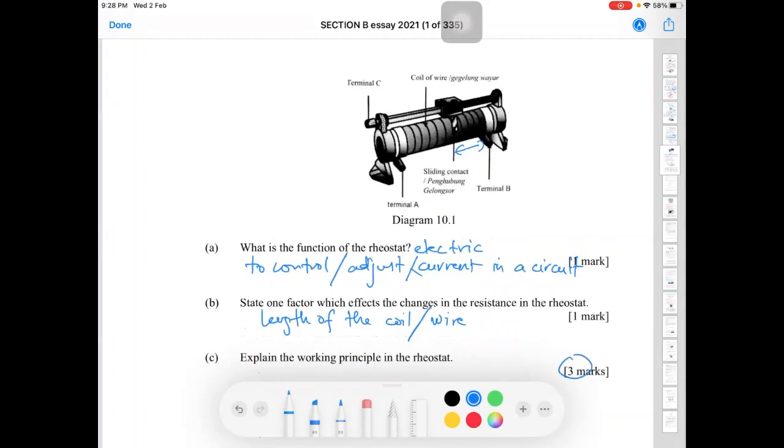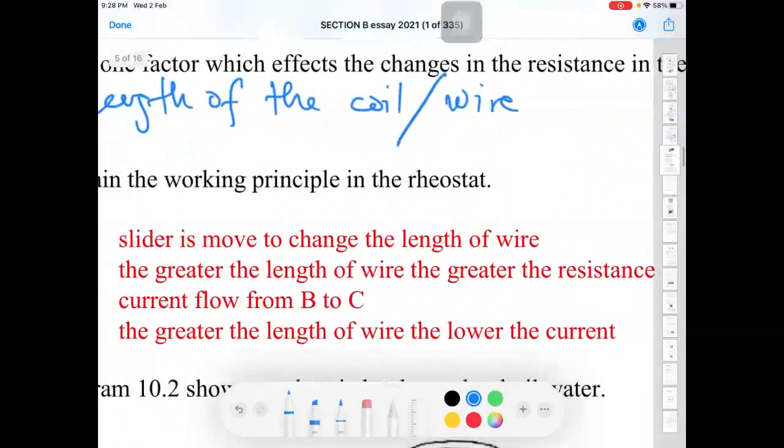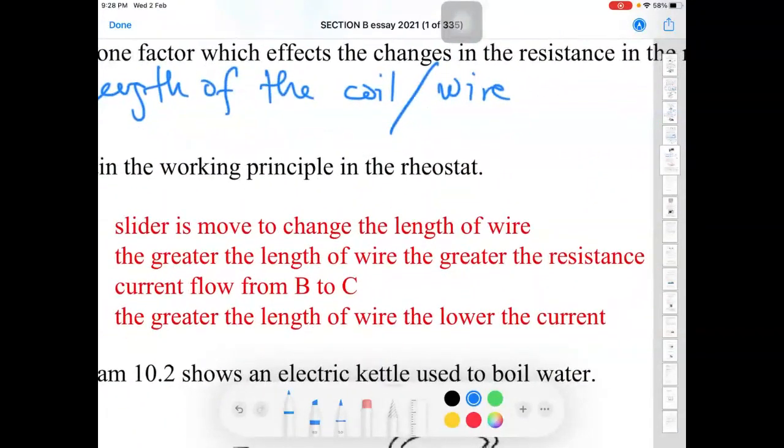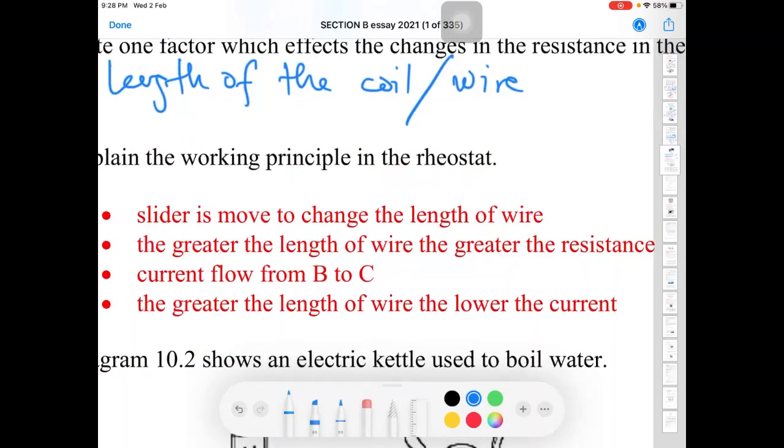Ni dia ada 3 markah. Okay, cikgu zoom jawapan. Ni. Okay. So ada 3 mark. Okay.